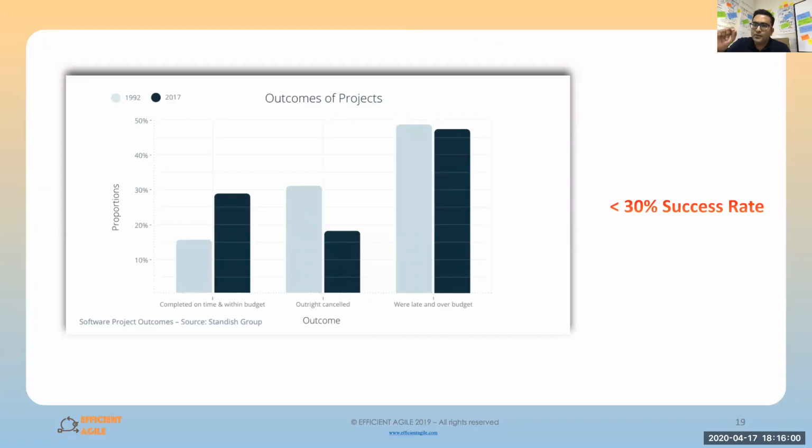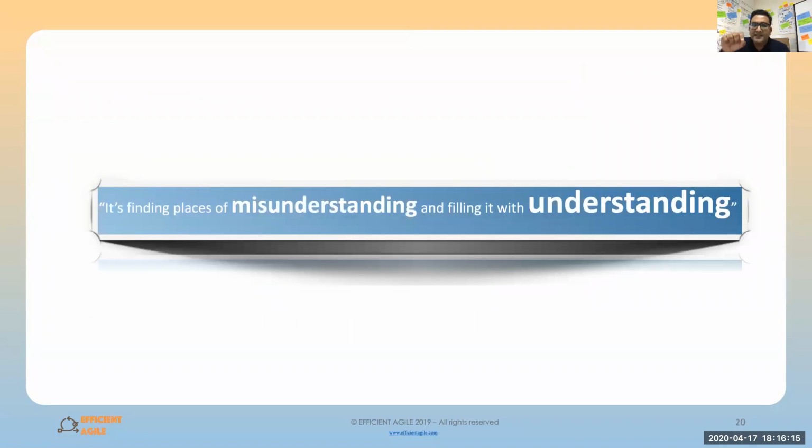Everything boils down to one thing. It's a communication. And the communication boils down to your requirements and the way you get things, the way things have been documented. It's about finding the places of misunderstanding and filling it with understanding.